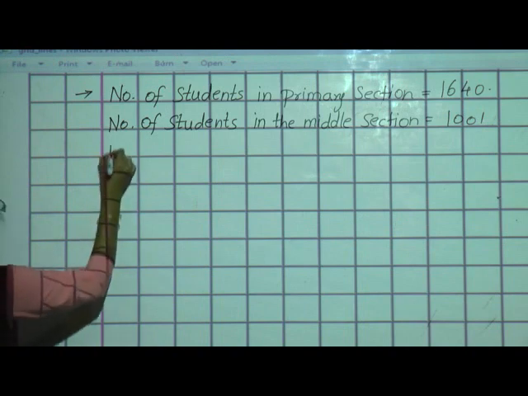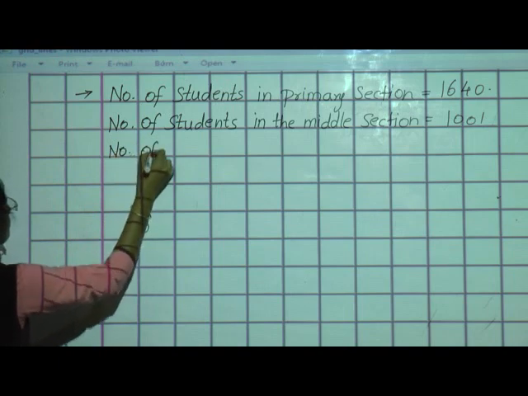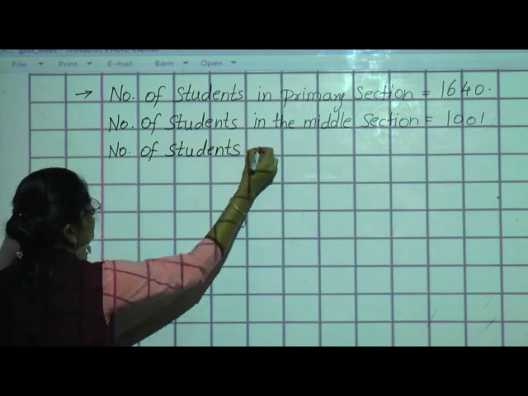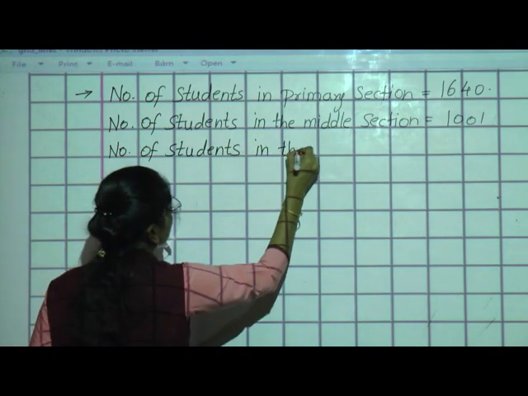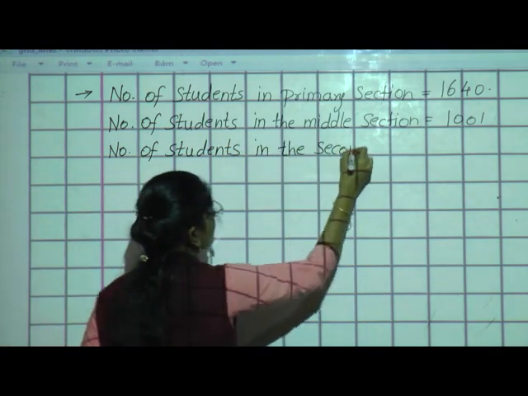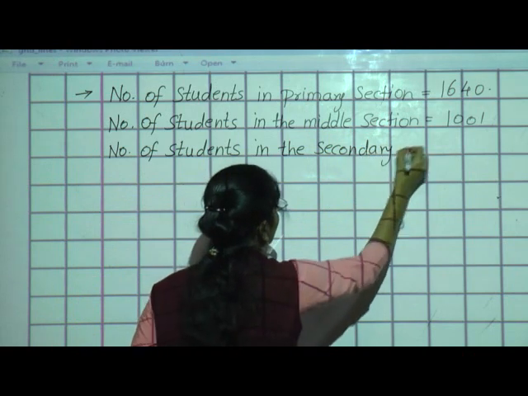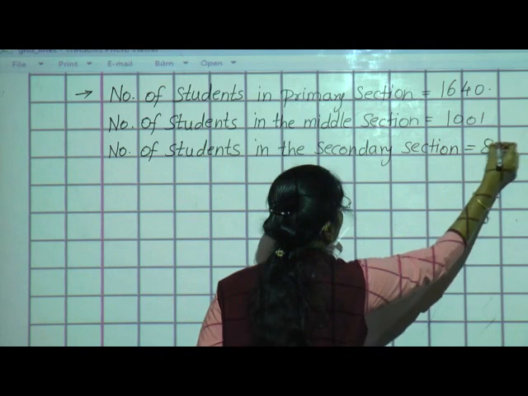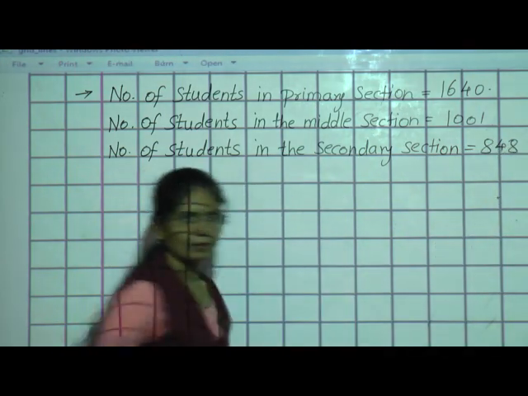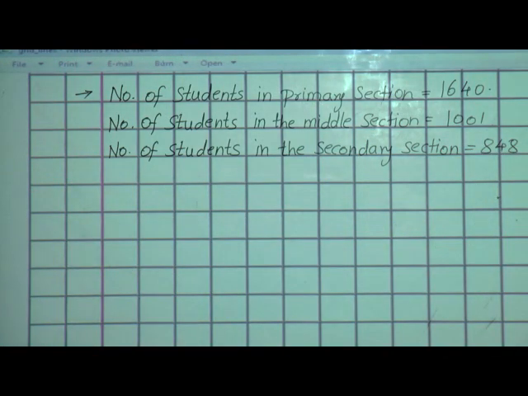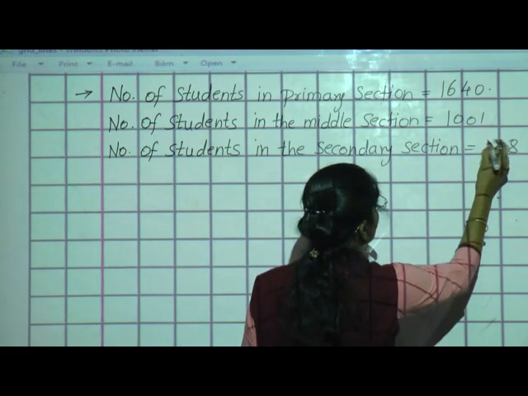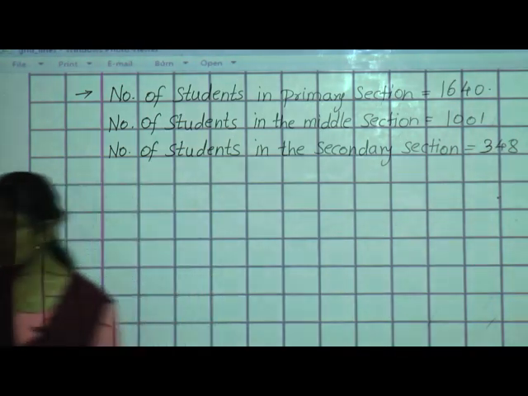Number of students in the secondary section is equal to 348. Now what is the question? How many total students are there in the school?